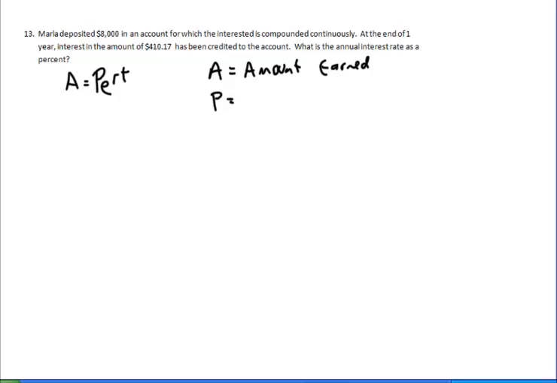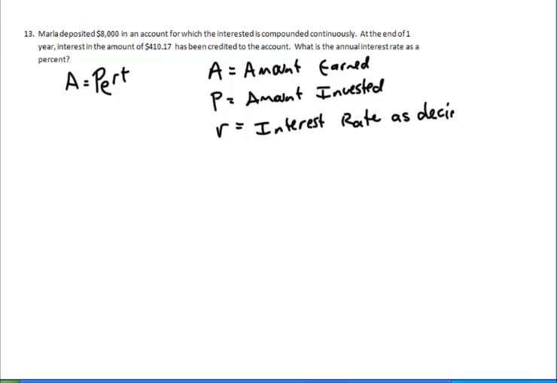P is the amount invested, or the initial amount, or the first deposit, your starter, whatever. R is your interest rate as a decimal. And T is time in years.